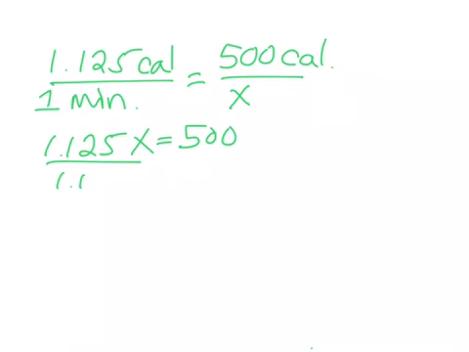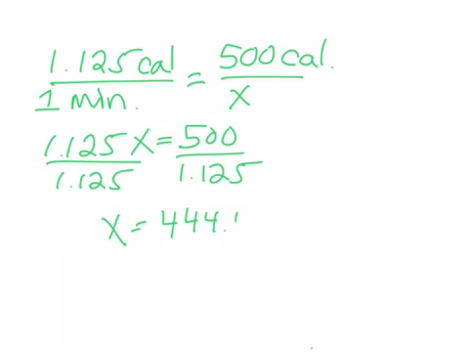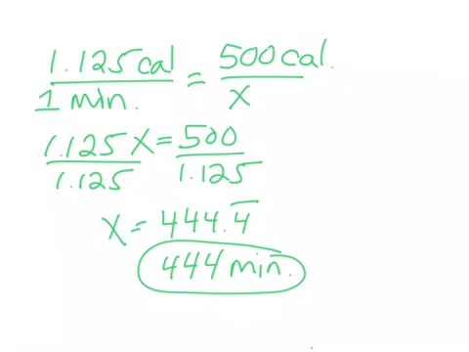We're going to divide both sides by 1 and 125 thousandths. So on your calculator, you can figure out the math. Do your division, and we're going to have x is equal to 444 and 4/10 repeating. So we'll round this again to the nearest minute, so it becomes 444 minutes, and you'll write that in your box.